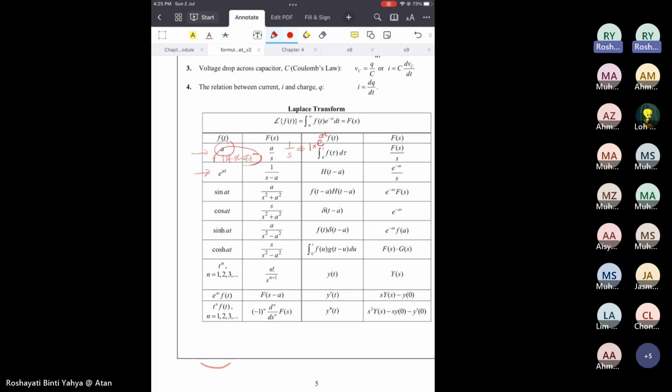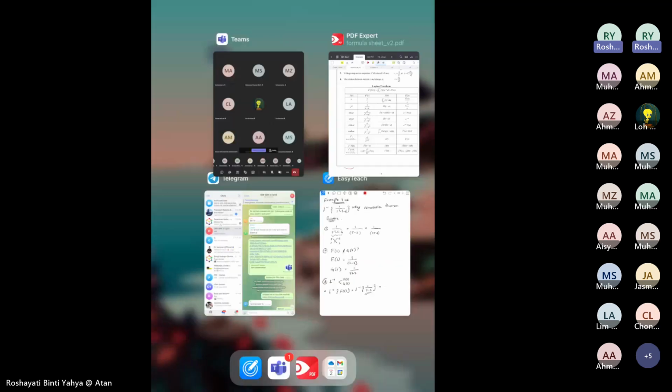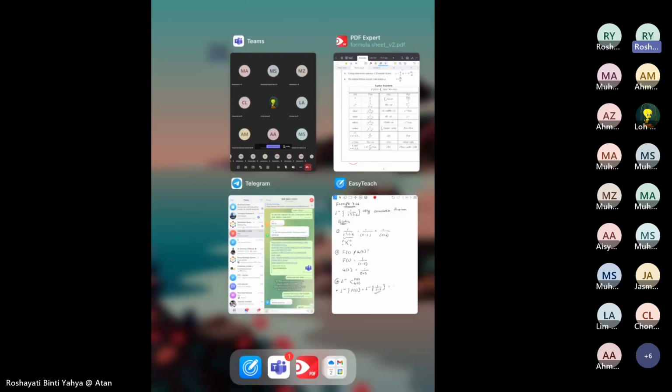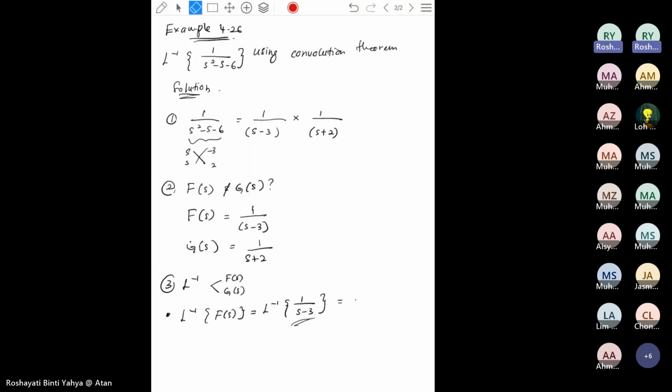Okay, it's fine. So you will get exponential at, where a equals 3.